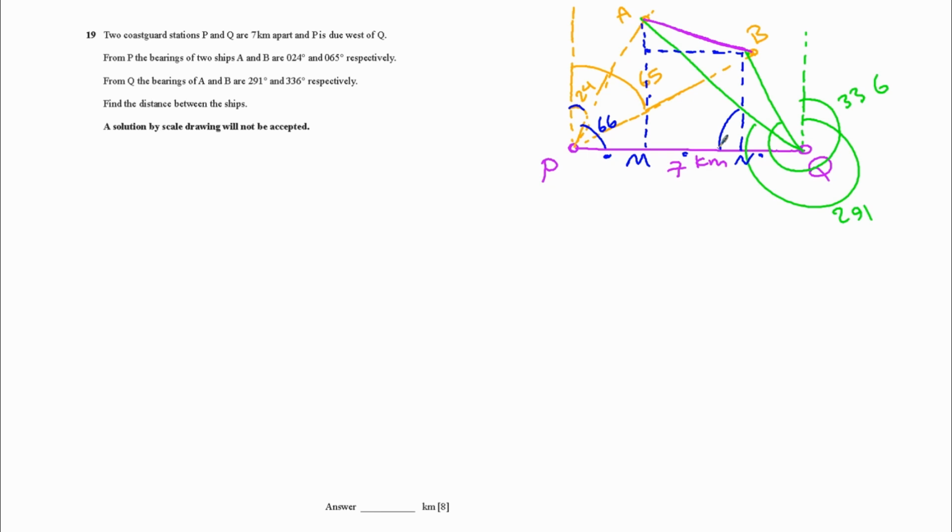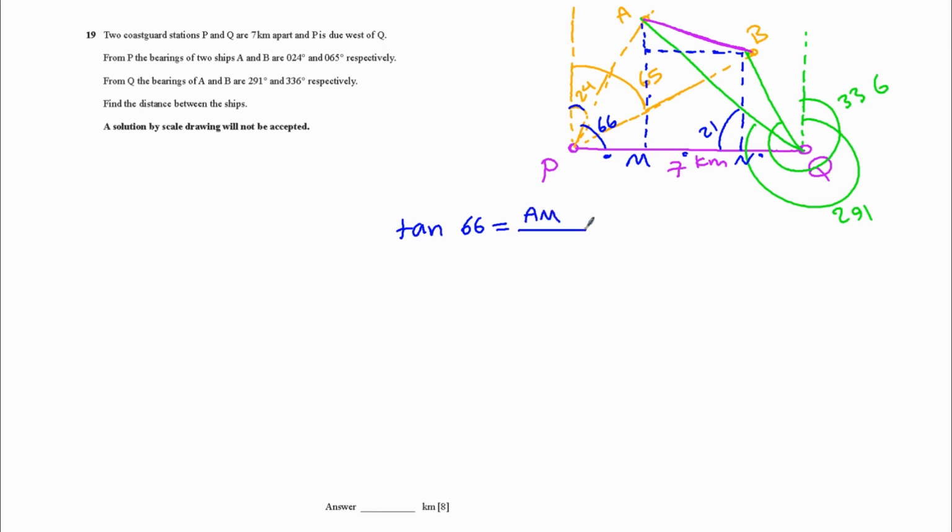So if I look at the triangle APM, I can write that tan of 66 equals AM over PM.